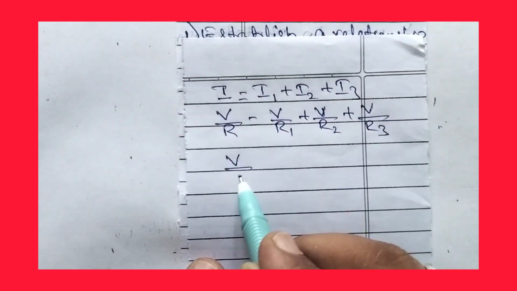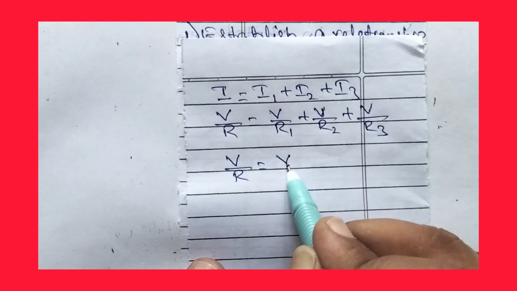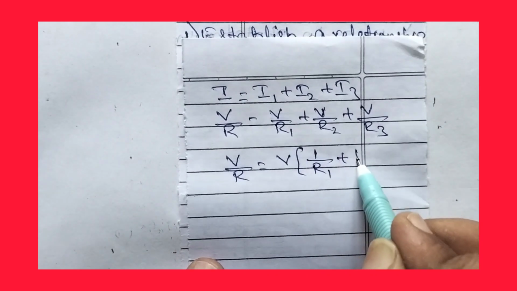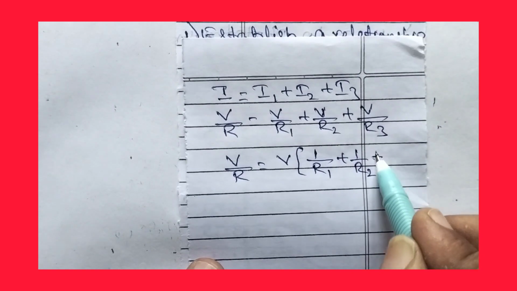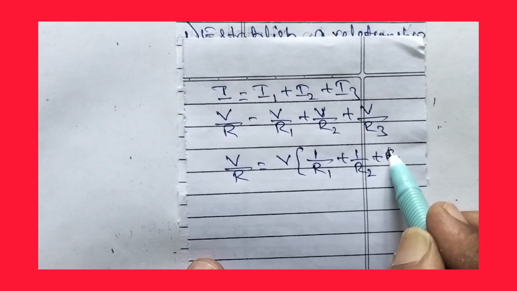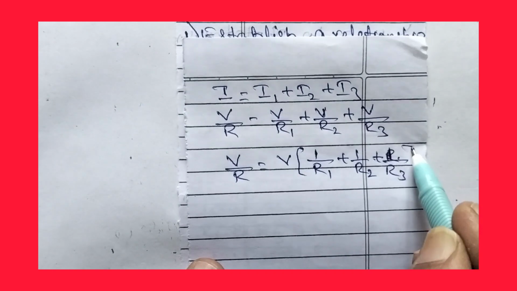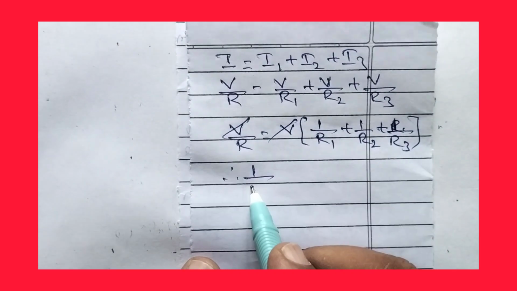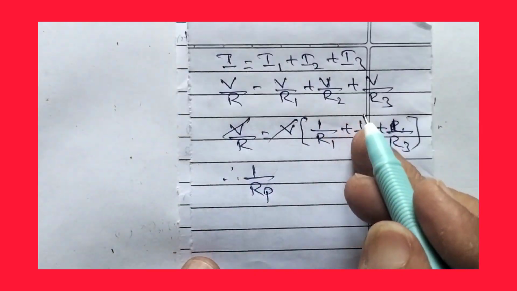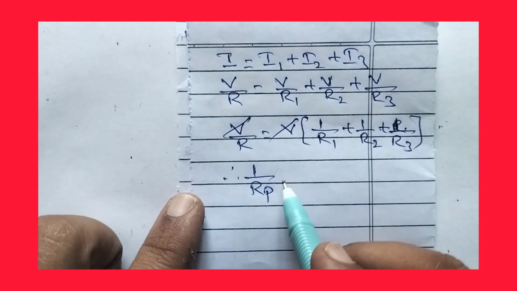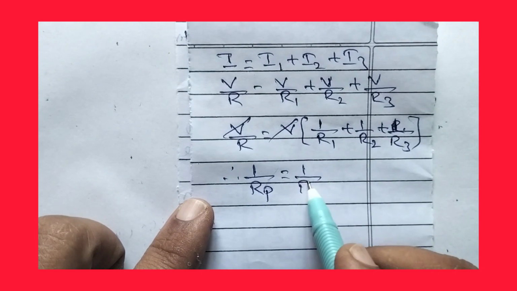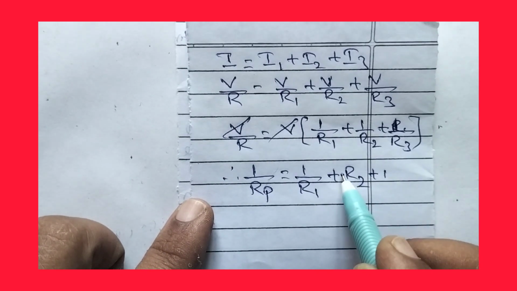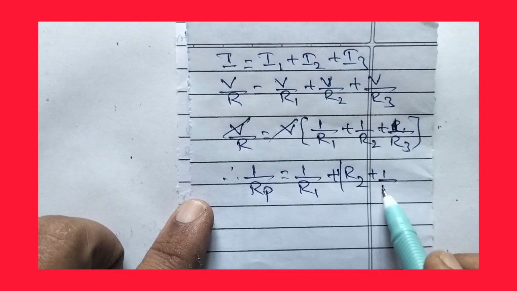So V by R is equal to, what is common to all? V. What is remaining? 1 over R1 plus 1 over R2 plus 1 over R3. So V and V get cancelled. Therefore 1 over RP, where RP means the resistance when connected in parallel, is equal to 1 over R1 plus 1 over R2 plus 1 over R3.